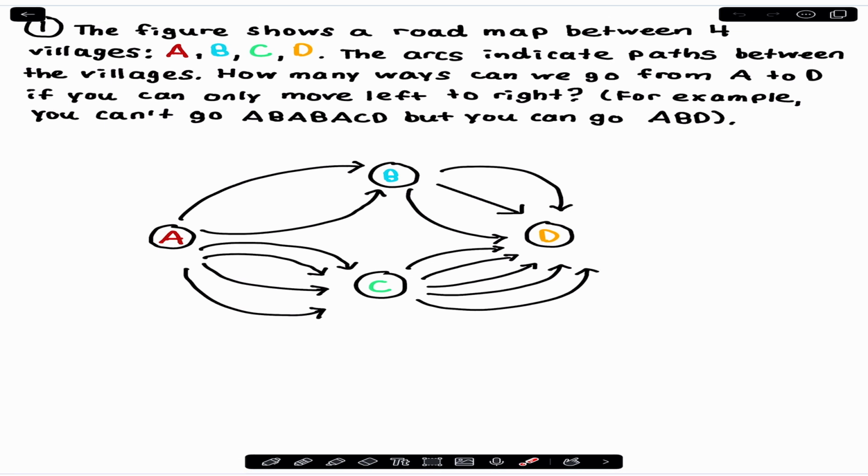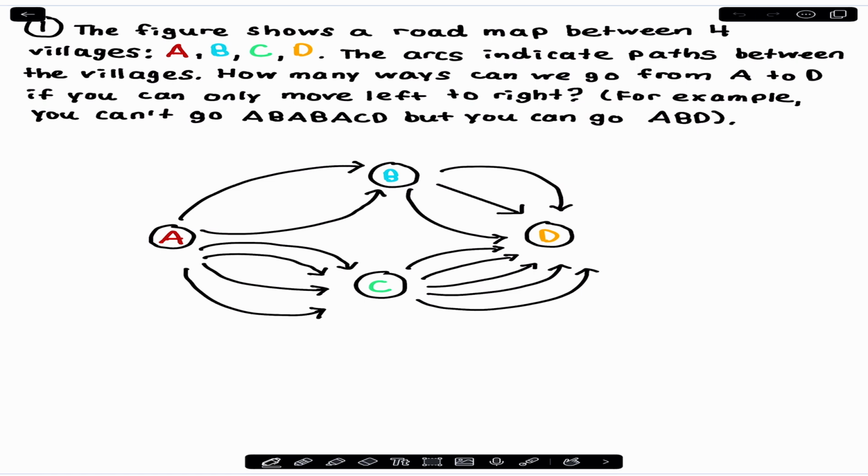What does that mean? Well, I see something like this. So we take this problem and divide it into a top half and a bottom half. So the top half would be paths from A to B and then from B to D. The bottom half would include paths from A to C and then from C to D.